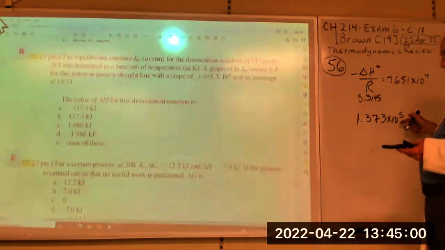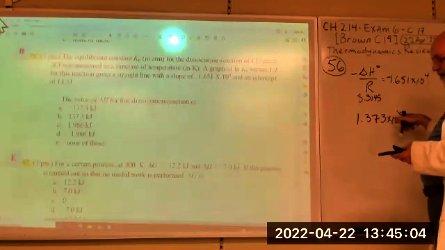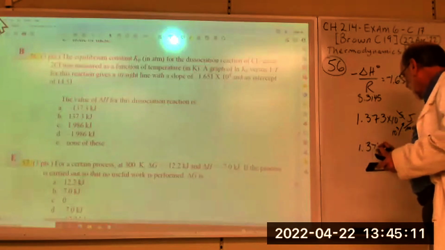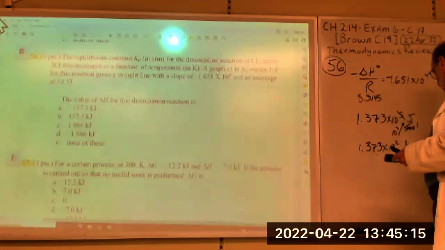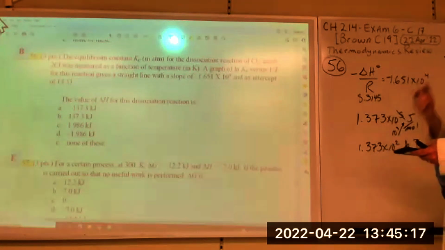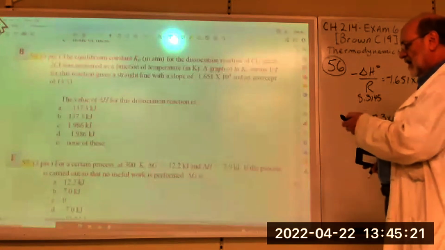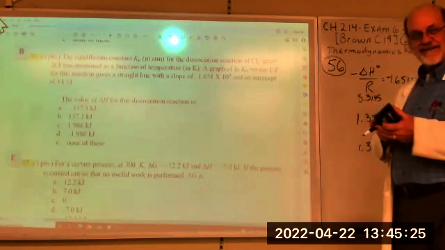Well, take 3 out of there. We take 10 to the 3rd out of here and put it right there. So that means 1.373 times 10 squared kilojoules, or 137 kilojoules. Right there. Okay?